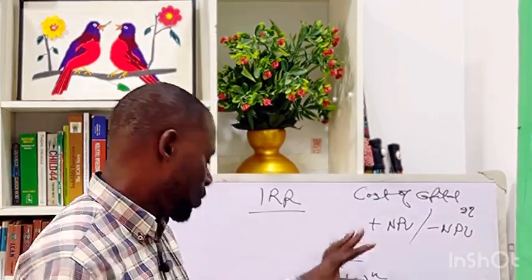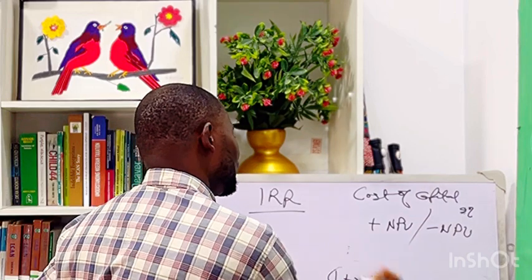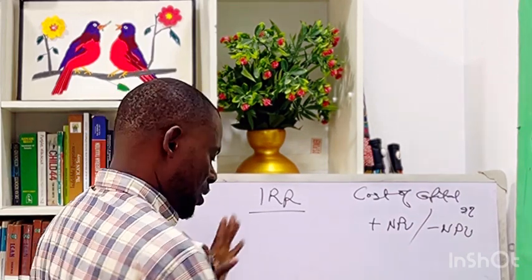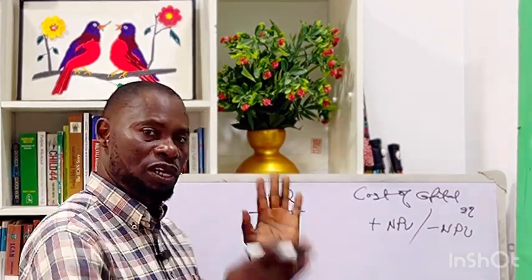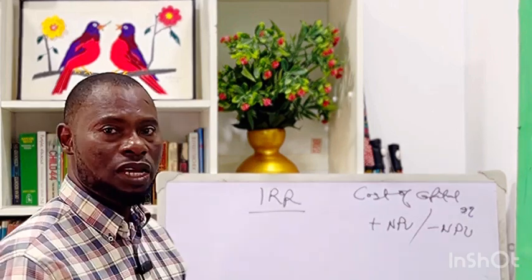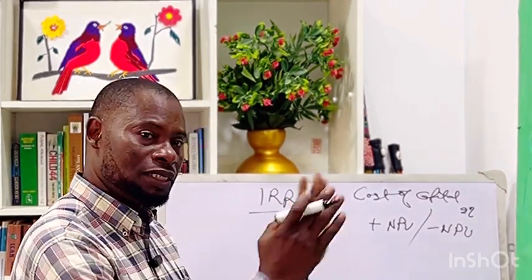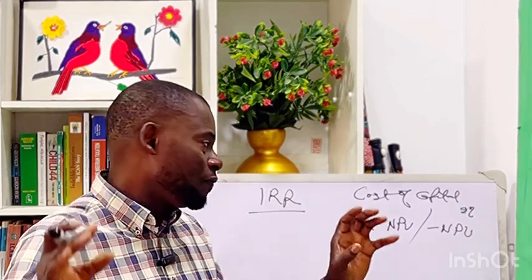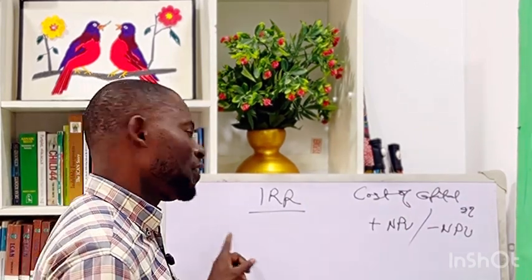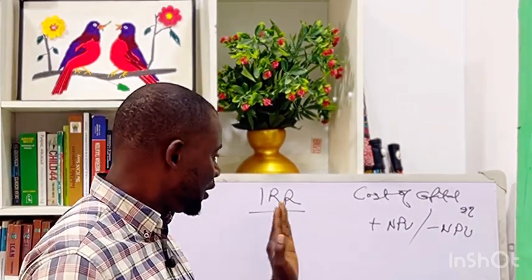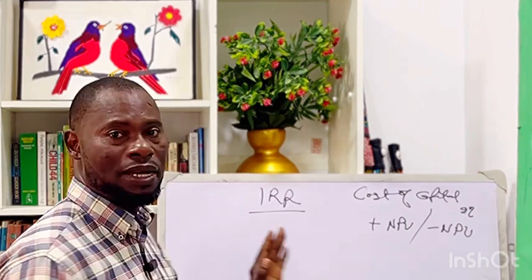Don't forget. So now, after compounding, the first column is for years, the second column is for our cash flows, the third one is for the discount factor, and the fourth one is for the present value. So you have the present value, which is gotten by the discount factor multiplied by the cash flows.